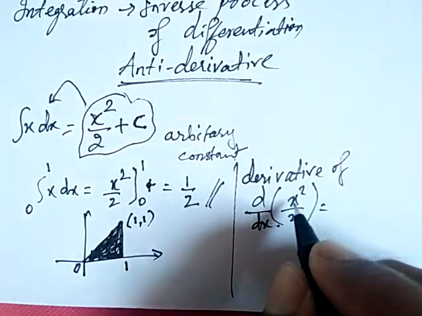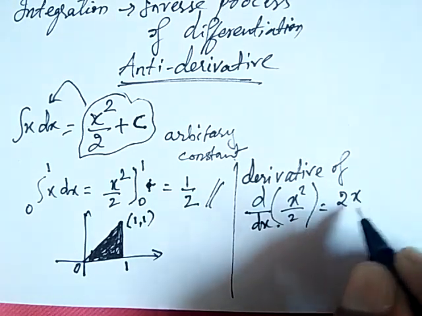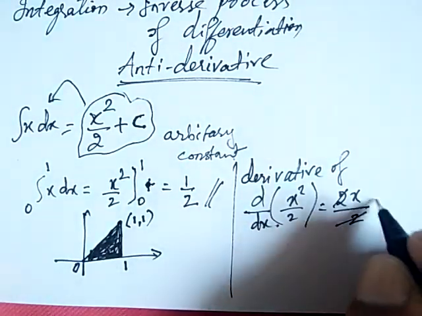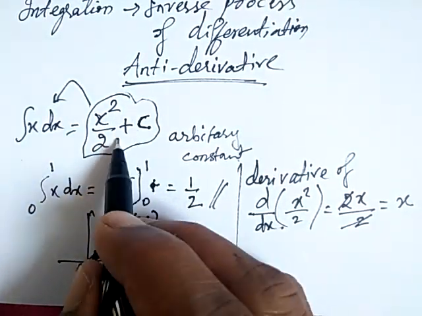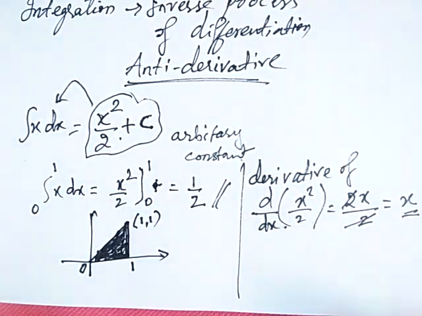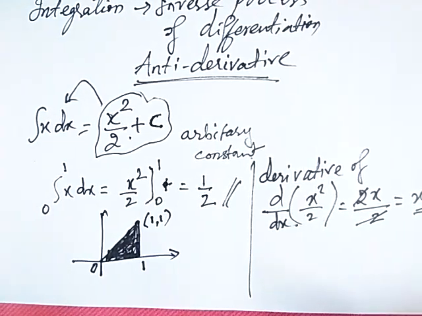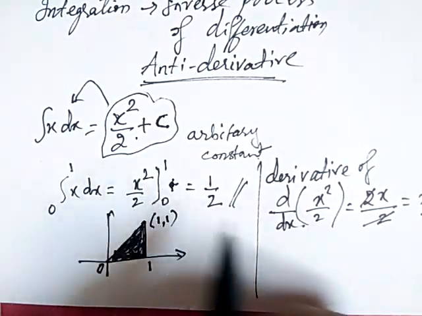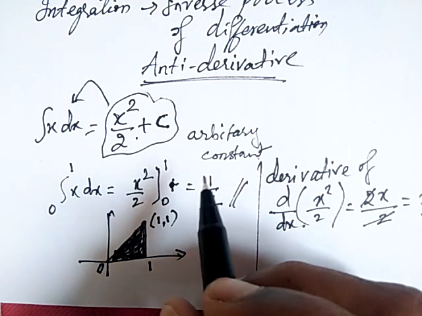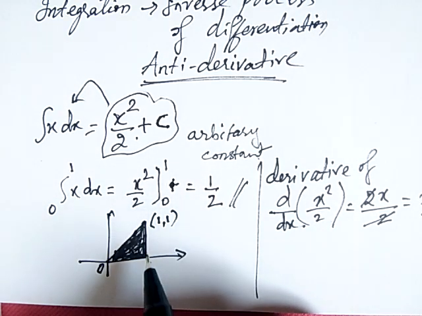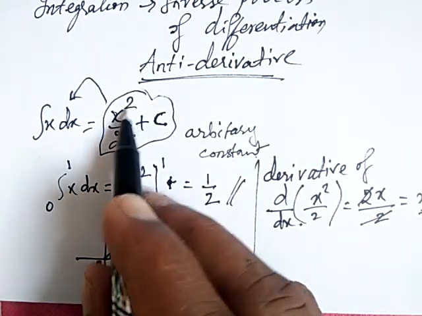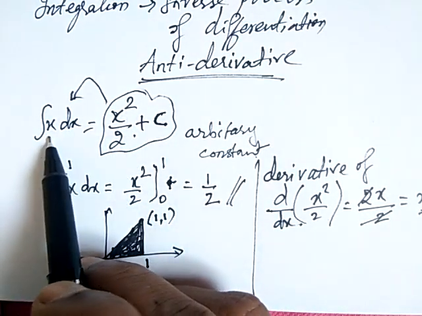So x square gives 2x by 2, and you will get x. The derivative of this gives x. Okay, so integration, the inverse or reverse process of differentiation, is nothing but integration. If you take the derivative of this again, you will get this.